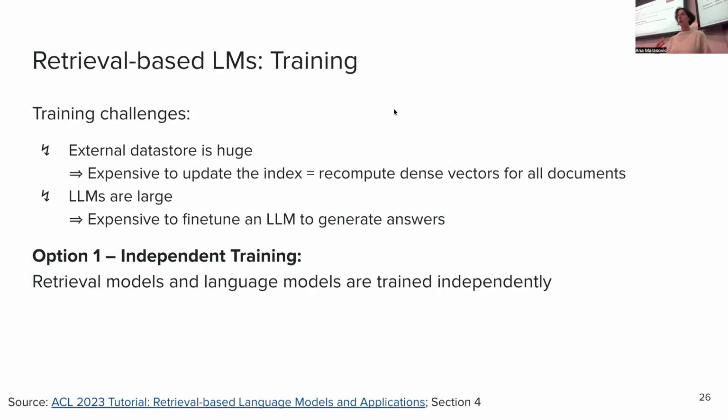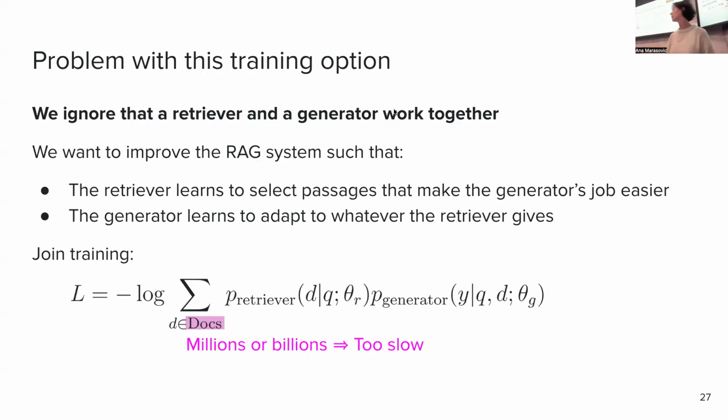To make it more concrete, we are iterating over all of these. Computing the loss is expensive, but the more expensive part is that we need to calculate the gradient with respect to every single one of these document representations. So we need to backpropagate through, let's say, BERT or GPT, or whatever we have chosen, for a single query as many times as there are documents, millions and billions.